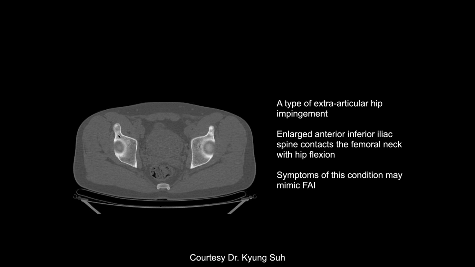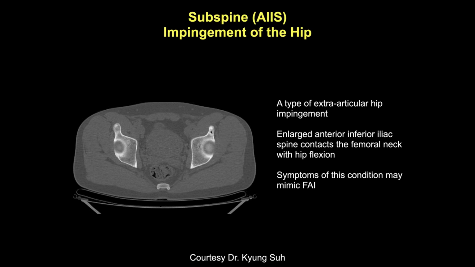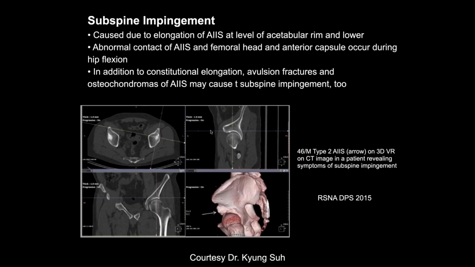It's due to enlarged anterior inferior iliac spines, but the symptoms can mimic FAI. So this is just an important thing to remember. If you see it, this would be a different kind of surgery, a different treatment than the typical FAI that people think about with sports injuries. Some people also call this subspine impingement.